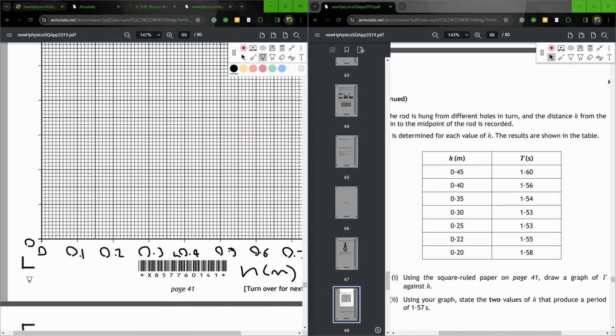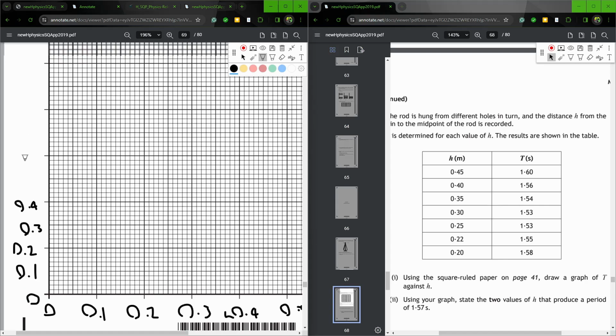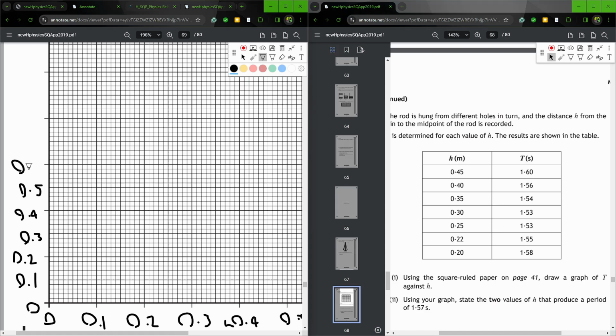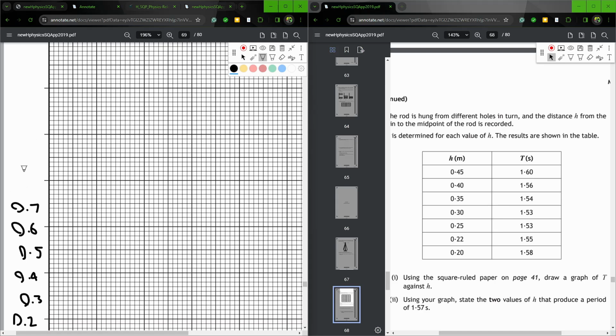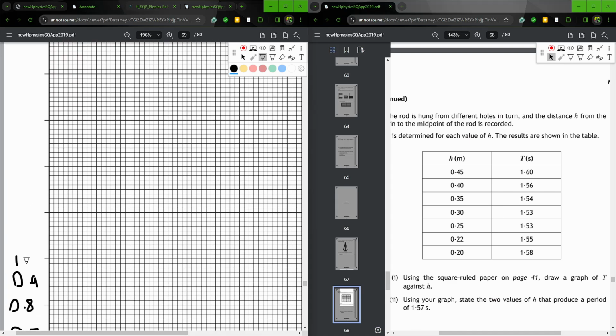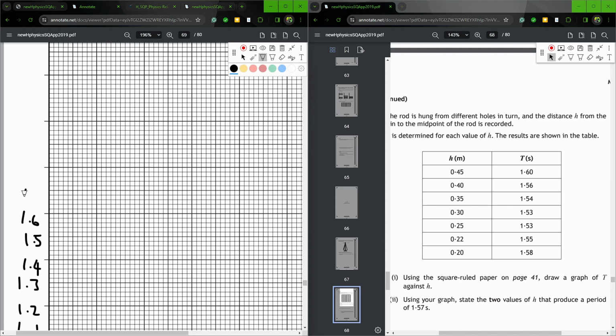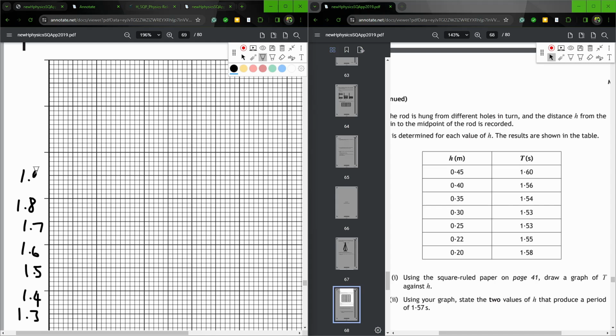So I'm going to do every 5 boxes. So 0.0, 0.1, 0.2, 0.3, 0.4, 0.5, 0.6, 0.7, 0.8, 0.9, 1.0, 1.1, 1.2, 1.3, 1.4, 1.5, 1.6, 1.7, 1.8, if I was good at drawing, 1.9.